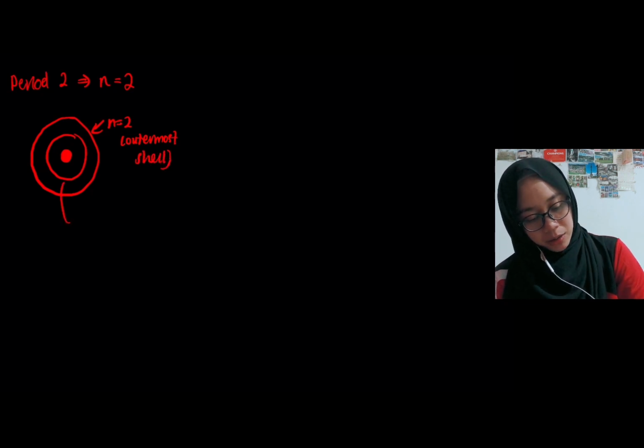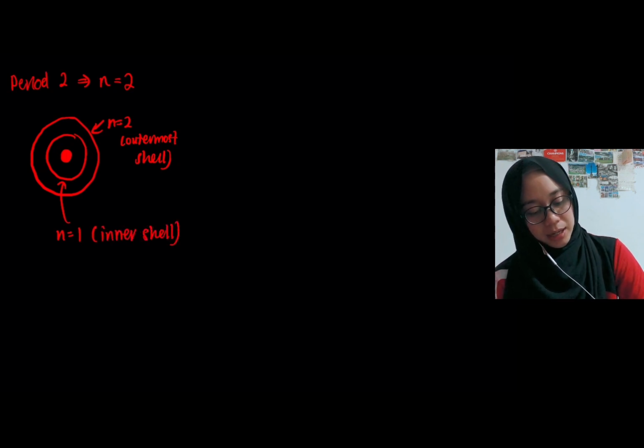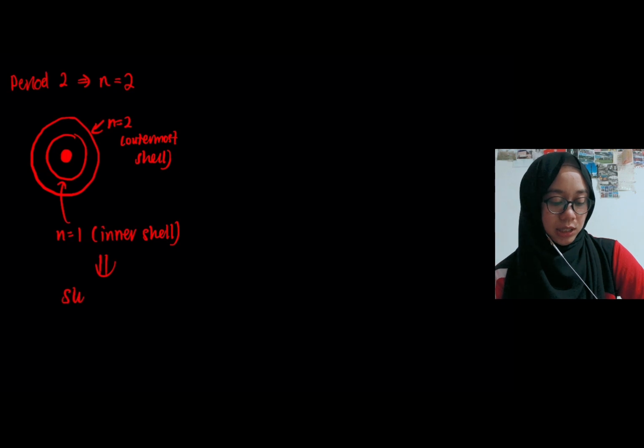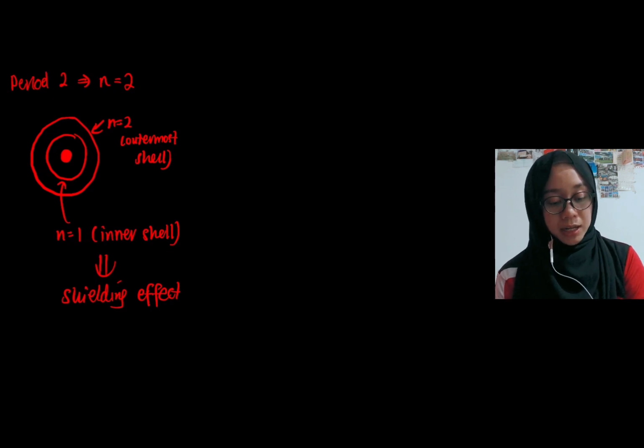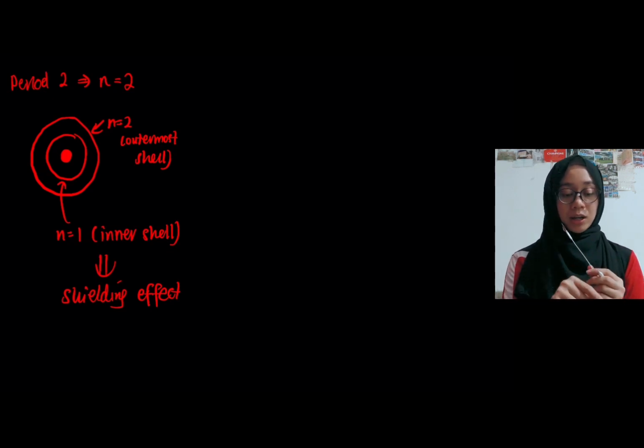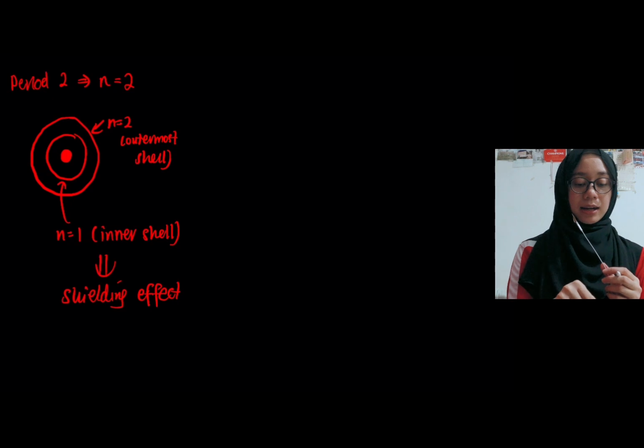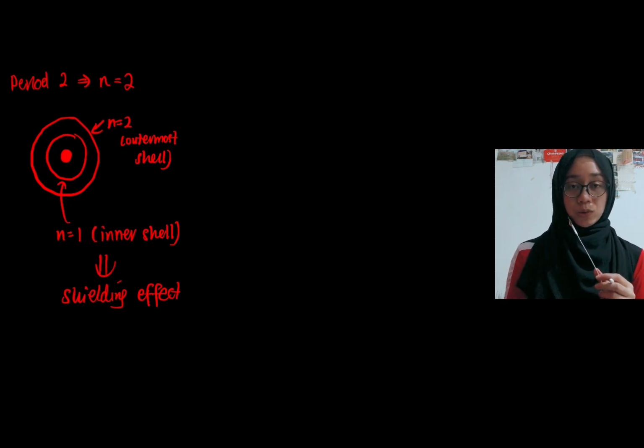Tapi kalau yang n equals to 1 ni pula adalah kita punya inner shell. Therefore, inner shell ni lah yang dikatakan sebagai kita punya shielding effect. Okay, dia yang menghalang the net positive charge yang berada di dalam bahagian dalam nucleus. Dia yang menghalang kepada yang dekat n equals to 2 tu pula.